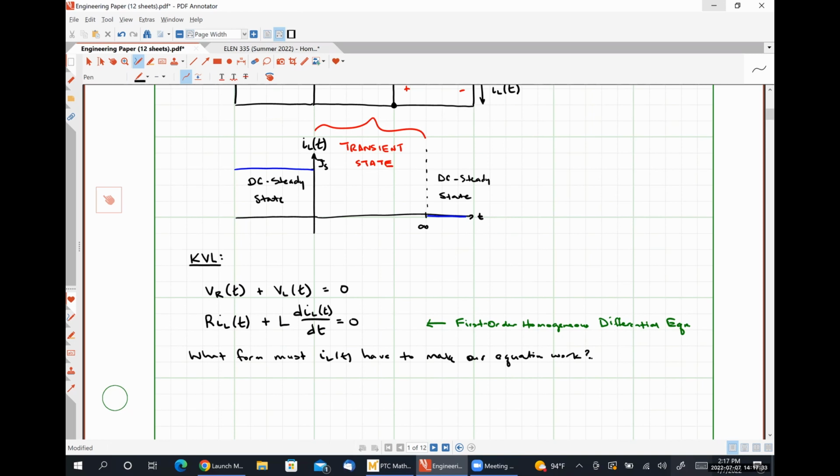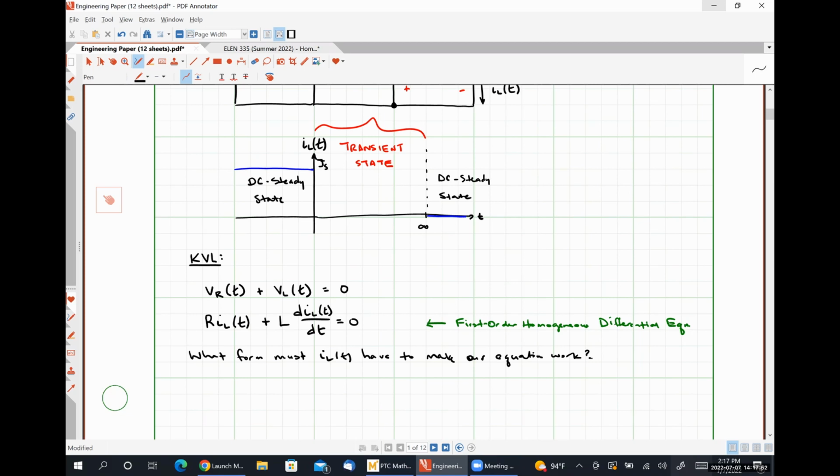So effectively, IL of t has to be a function in which the function and its derivative could be added together to make 0.